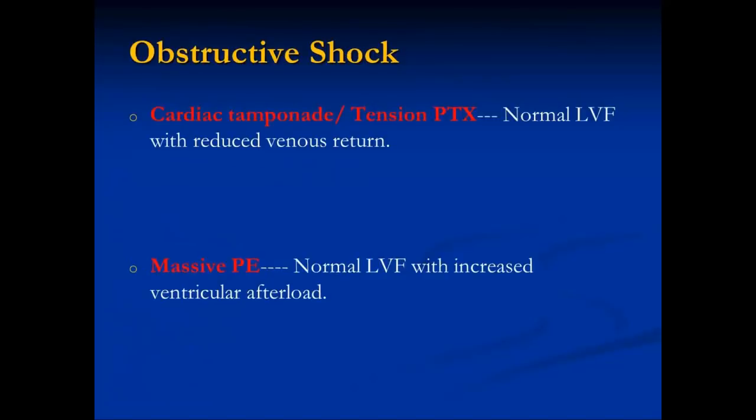Obstructive shock, common causes of this will be the tamponade and tension pneumo and massive PE. The difference here between these two clinically: with tamponade, you'll have normal LV function, venous return will be reduced. This one will be normal LV function, but increased ventricular afterload with the massive PE.